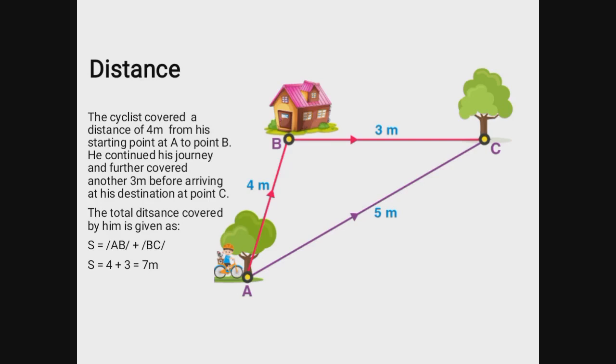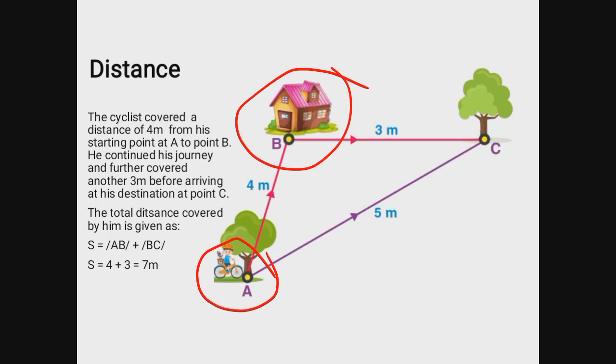On this slide, we have a cyclist who is covering a distance from a starting point, which is point A, to point B, and he continued his journey from point B and finally arrived at point C, which is his destination.